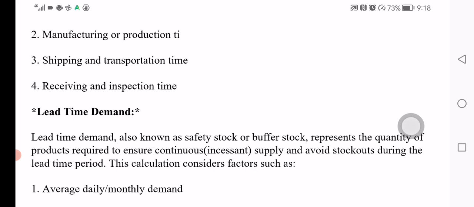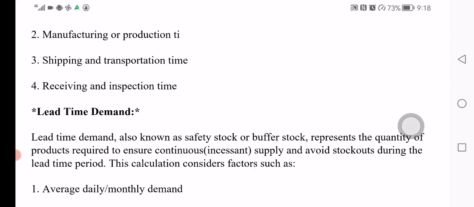You must have a safety stock or buffer stock in order to fulfill the customer demand. That safety stock will be considered as lead time demand, meaning the demand that will be raised during the lead time.